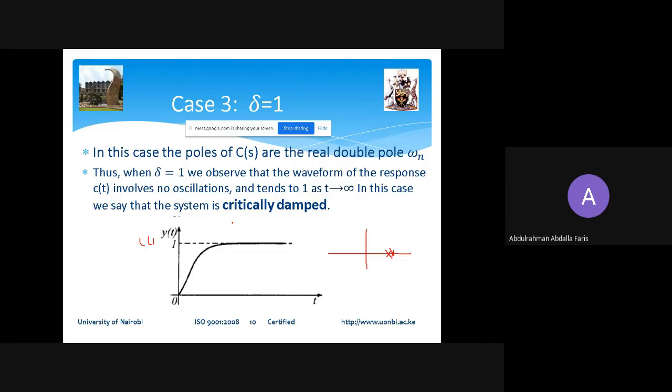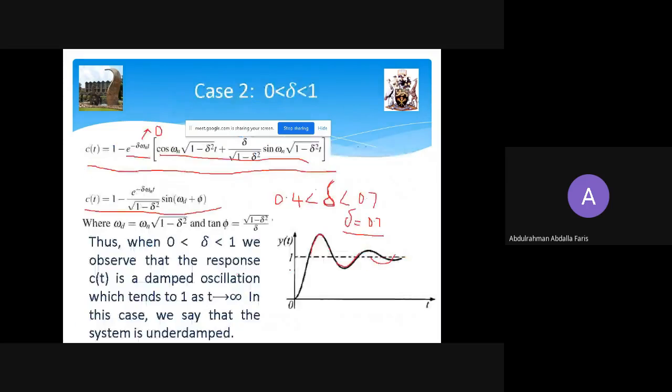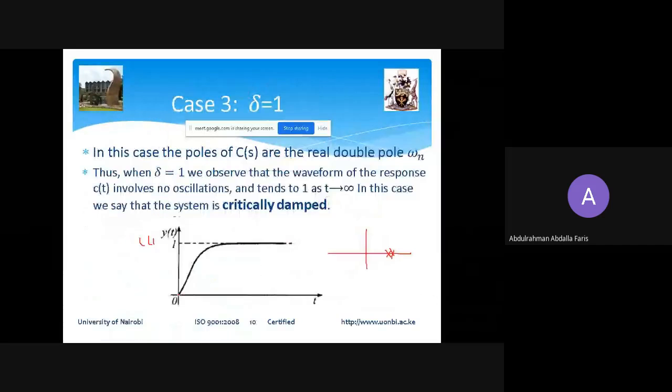damped system. You can see between this system and the previous one, this takes longer to reach here, but the previous one goes here with oscillation and then stabilizes. This is for 0.7. So for 0.7, we'll have a system like that.